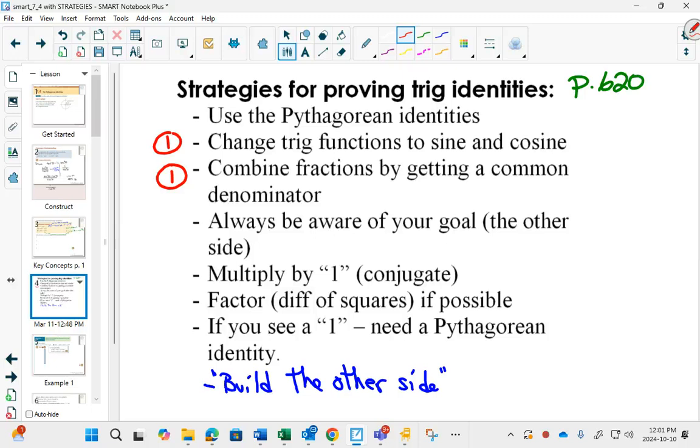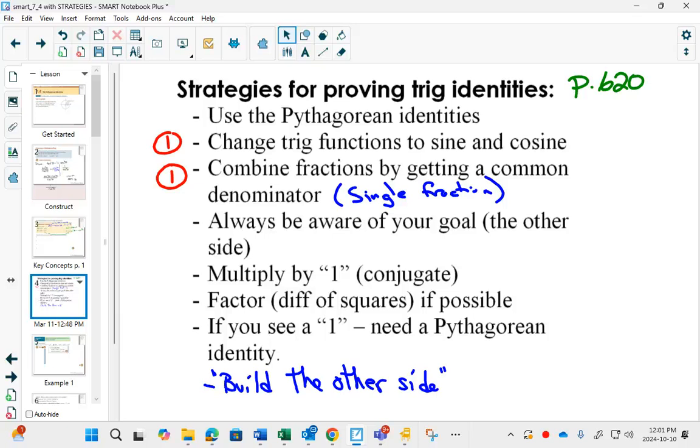Changing trig functions to sine and cosine and combine fractions by getting a common denominator. In other words, get a single, right? I always talk about this one. Trying to get a single fraction on both sides. That's our main strategy.